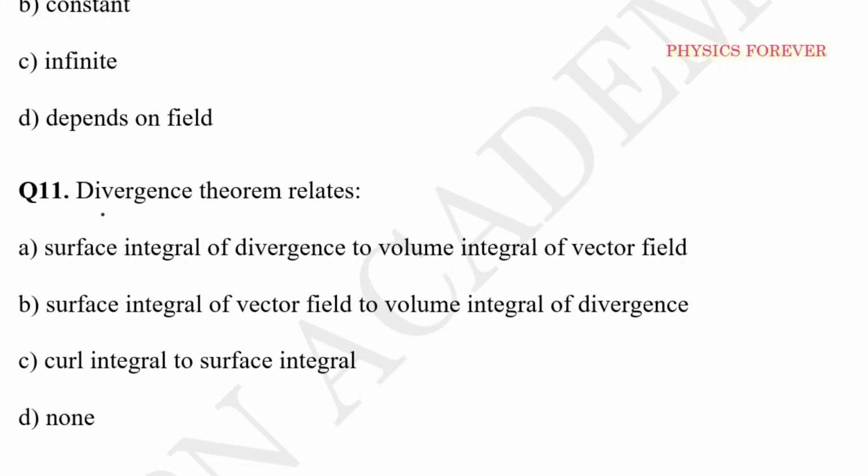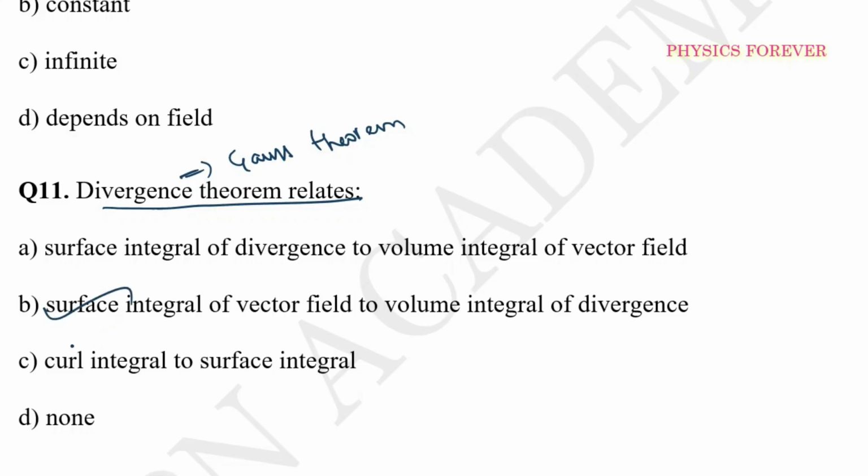So question number 11, the divergence theorem states that, it should be a familiar one, the Gauss theorem. It will definitely come. So what does Gauss theorem say? Surface integral into volume integral.